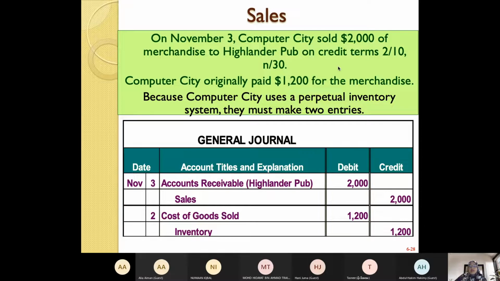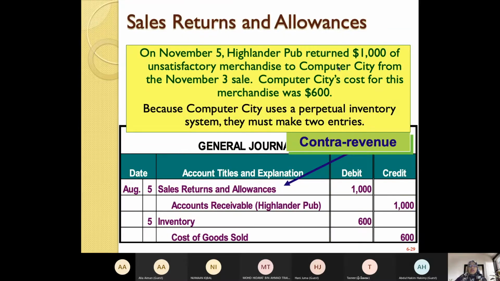All right. So when you have sales returns and allowances, for example here, Highlander Pub returned 1,000 of unsatisfactory merchandise to Computer City. All right, and then Computer City's cost for this merchandise was 600. Again, when you use perpetual, there are two entries that you have to make. First is to record the sales return and allowance, at the price here, 1,000.